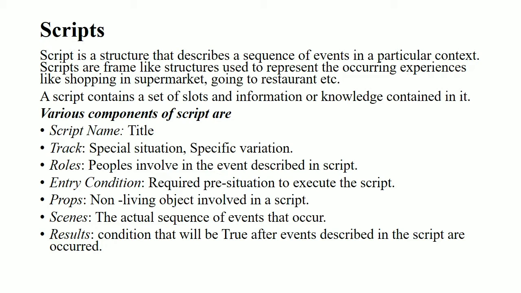So this is a strong slot and filler structure, giving all the minute information about the object, about the situation, about the time, everything, and how to go from one event to the next. The sequence of events from event 1 to event 2 is specified by the track. The special situation or the specific variation is expressed by the track.